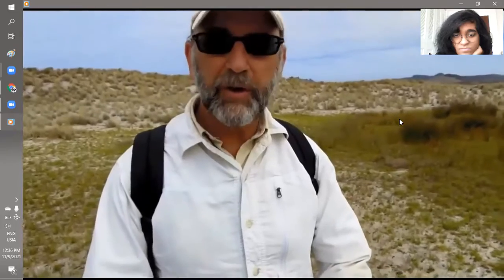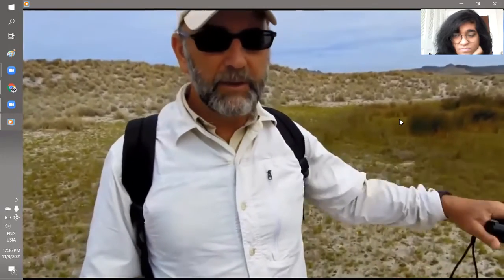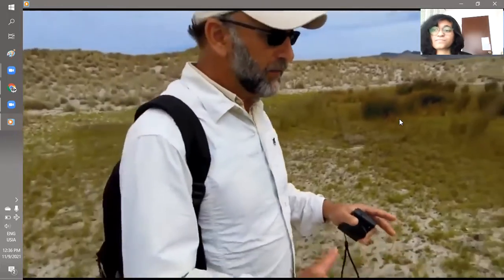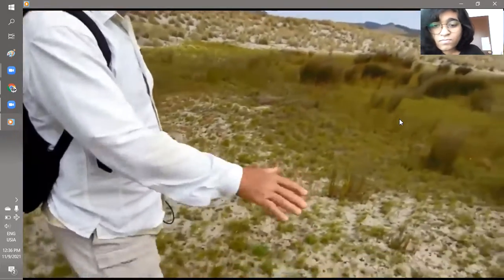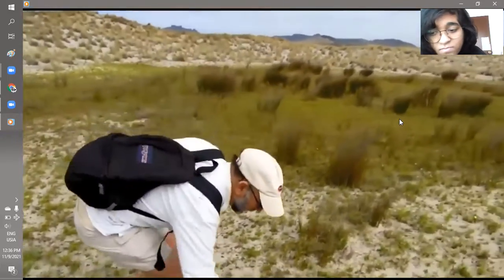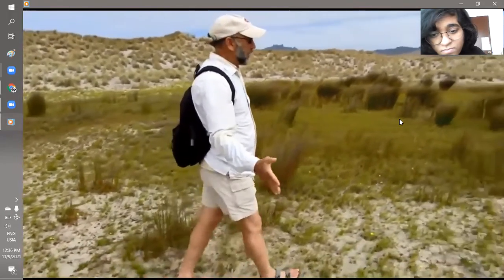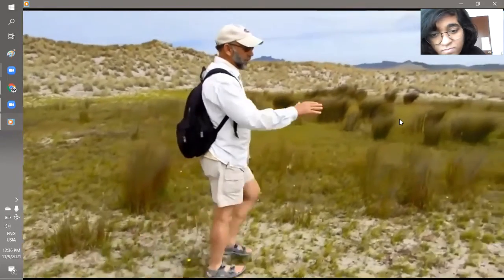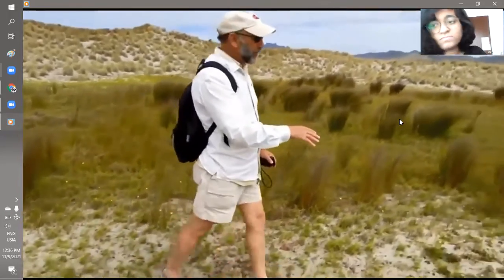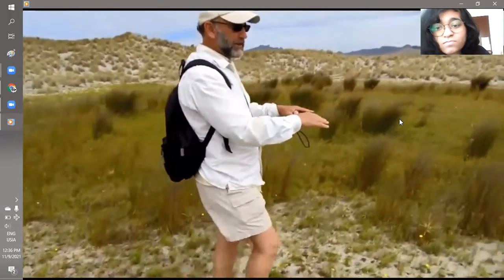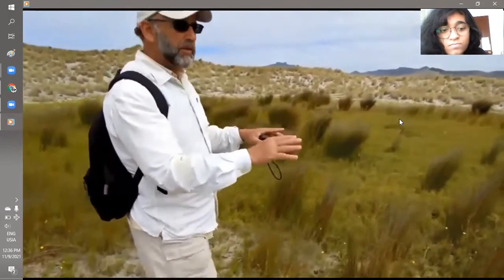If you look at the soil, what you see is as you're moving into the lowest areas of the swale, it's first very light colored. So the sand on the surface is quite dry, as you see here. But then as we move into the swale proper, the elevation decreases because the sand has been blown away.